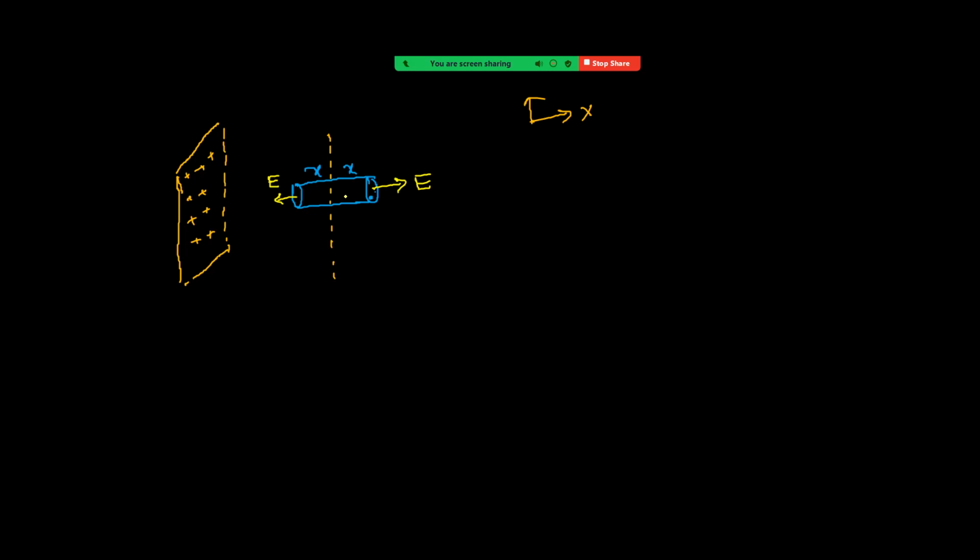Field lines are passing only through the flat faces, which means the flux is only through the flat faces.